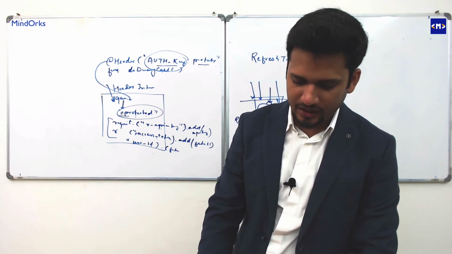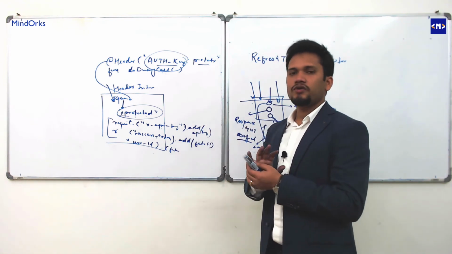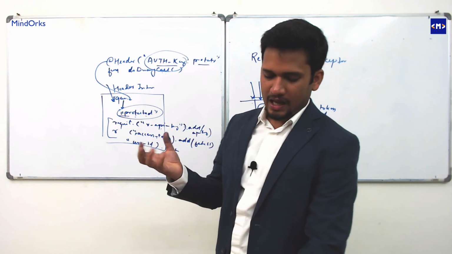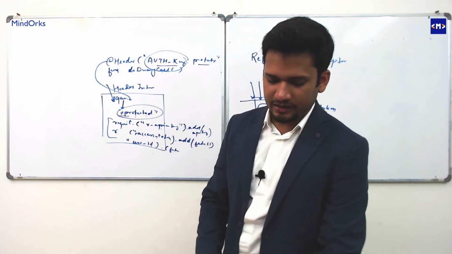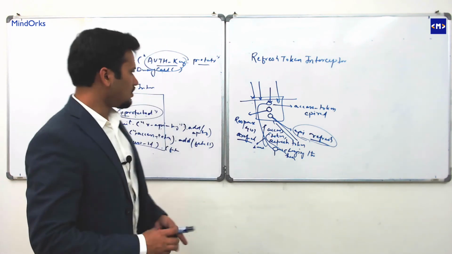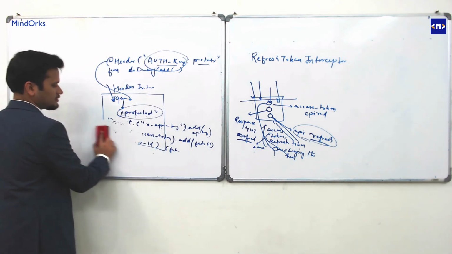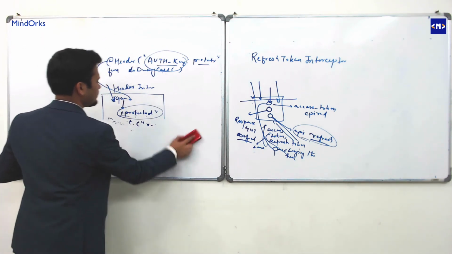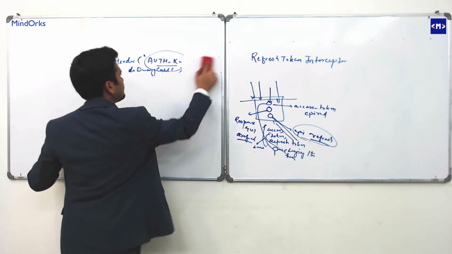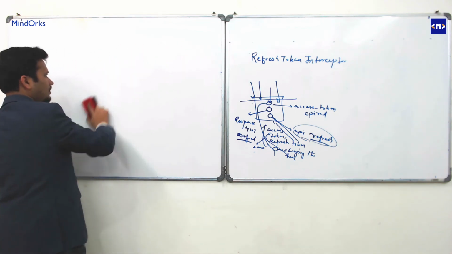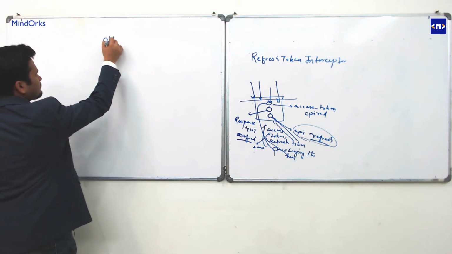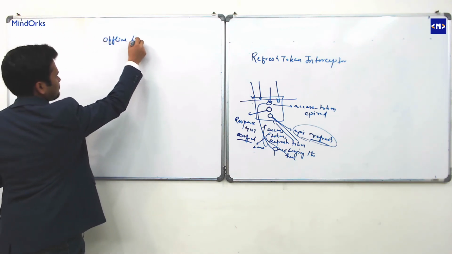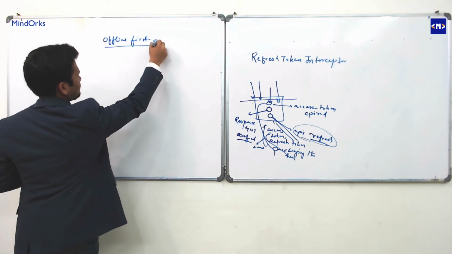So till now we understood what we have done in our application. One thing, this is not very valid for us, but for a conceptual point I want to mention that there is a concept called offline first app.